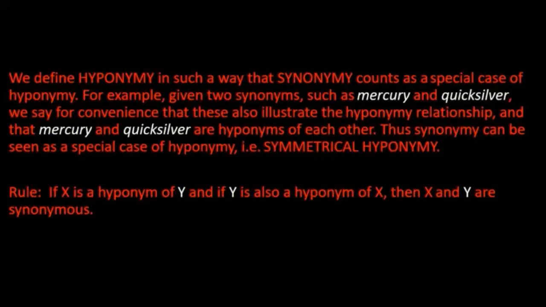Synonymy can be seen as a special case of hyponymy. It is symmetrical hyponymy. Rule: if X is a hyponym of Y, and if Y is also a hyponym of X, then X and Y are synonymous.